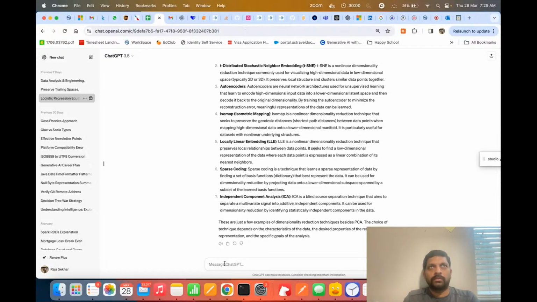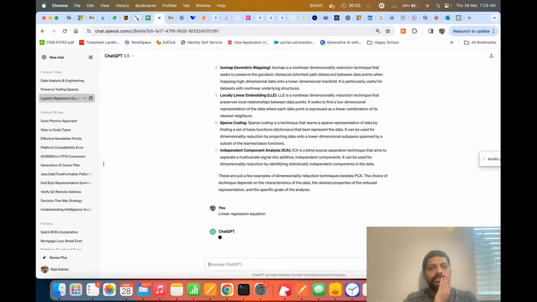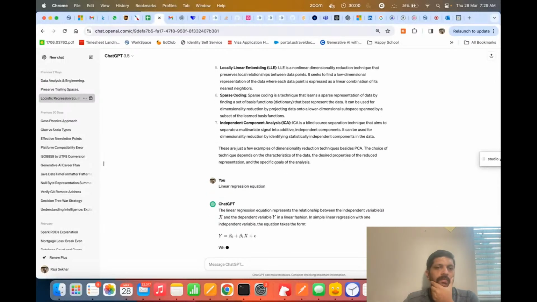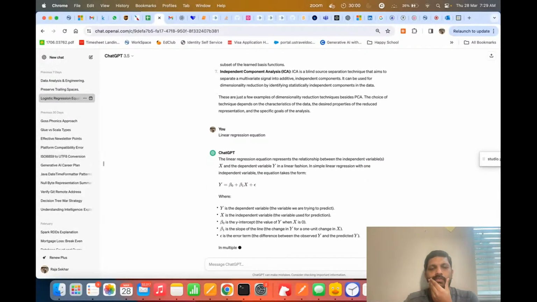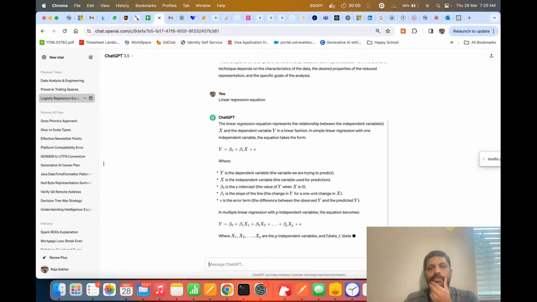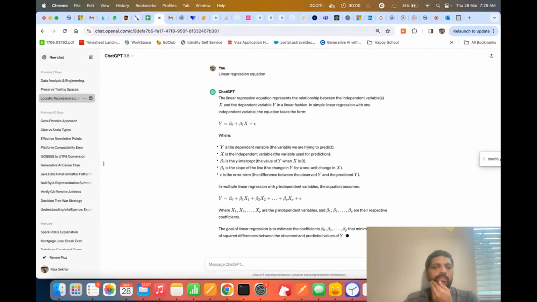So I said each neuron has two parts. One is the linear regression equation z, and then there is an activation equation, right? So linear regression. Yeah, so it's something like this, right?